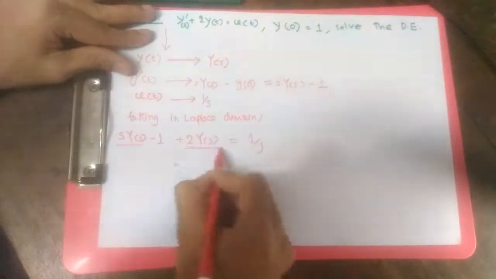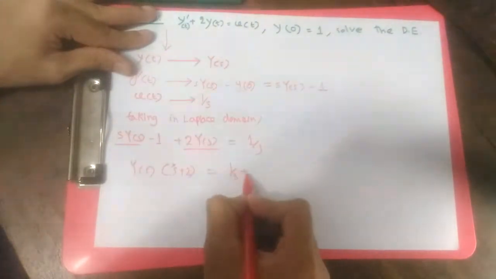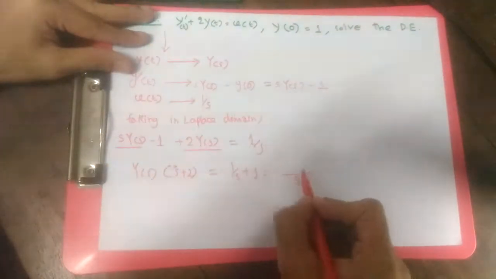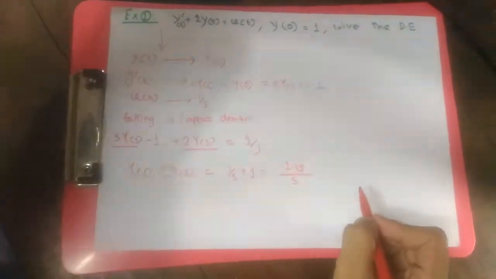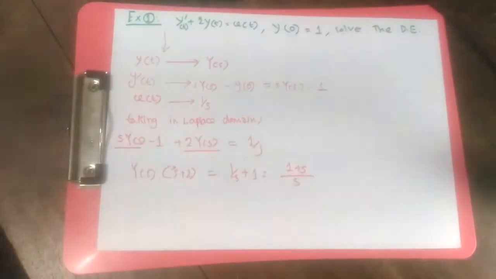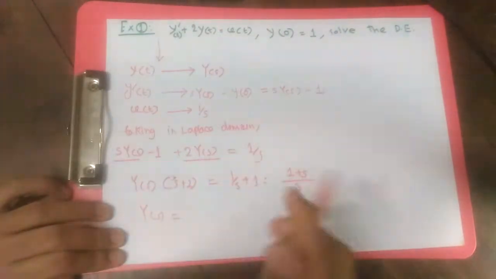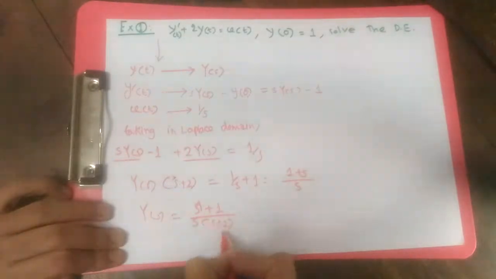So if we take Y of s common, it's going to be s plus 2 times Y of s equals 1 by s plus 1. In other words, Y of s equals s plus 1 divided by s times s plus 2.